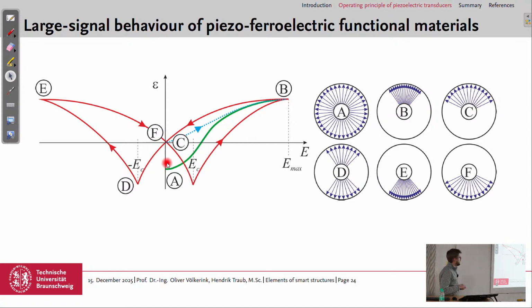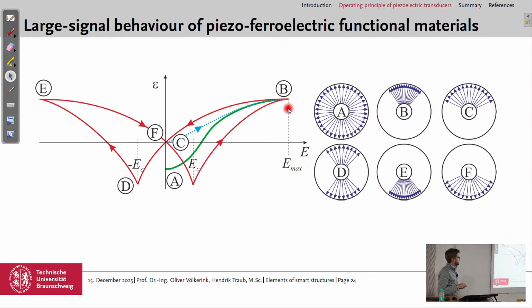And we have this initial polarization, green line again. So we go up here with the field and come up to point B, where we have the maximum polarization or the maximum elongation of the piezoceramic at the maximum field.